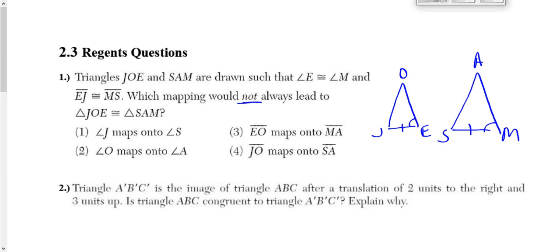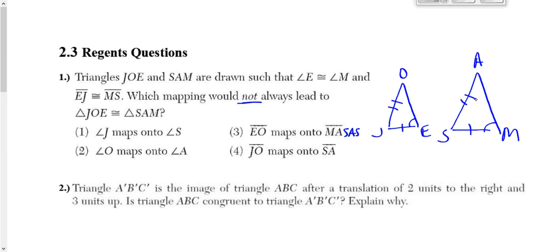3. So remember, it's not going to make them congruent. If we take EO over to MA, wouldn't that be side, angle, side? And therefore, one of our things. Any other thoughts on that? Go ahead, just say it. 4, JO mapping to SA.